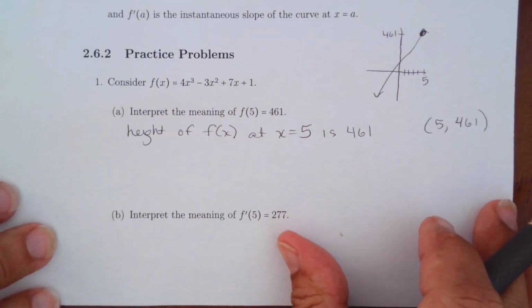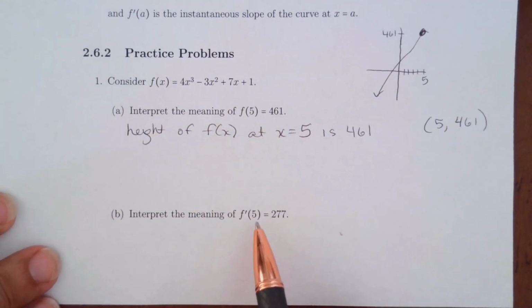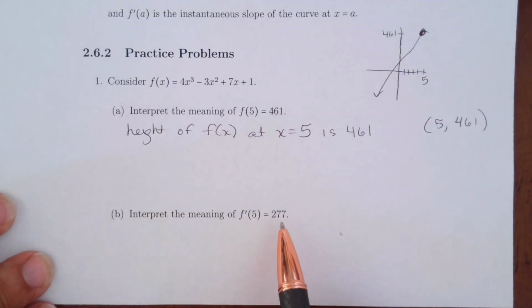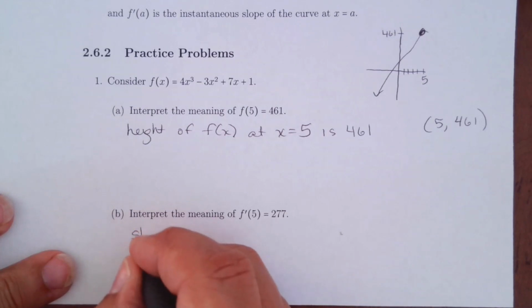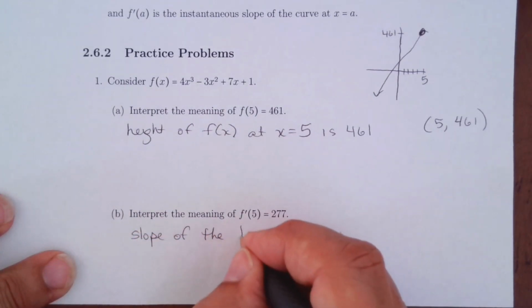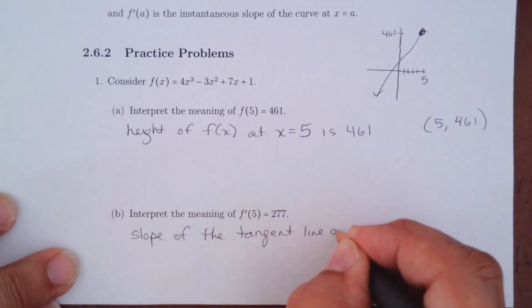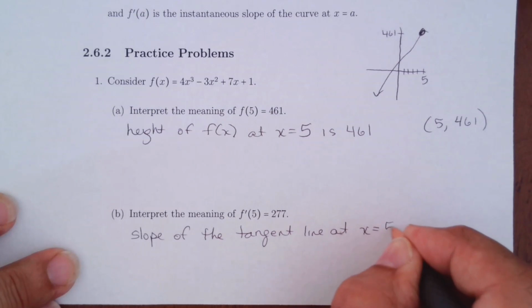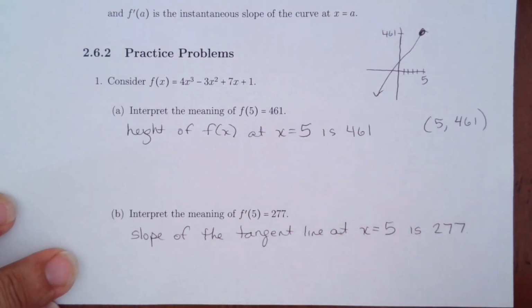So what is the meaning of f prime of 5? That's the derivative at 5 is 277. That means the slope of the tangent line at x equals 5 is 277.